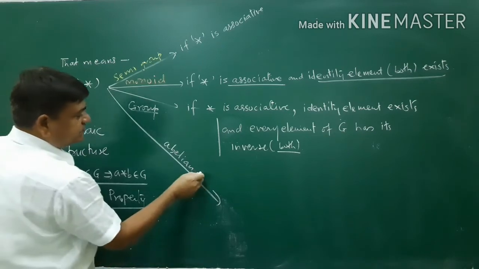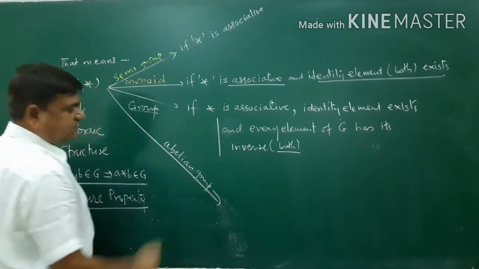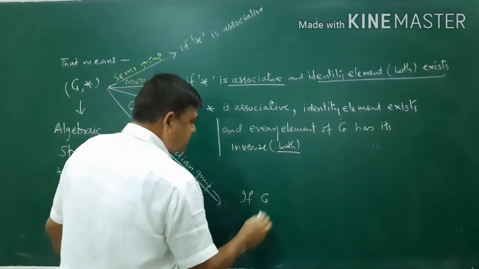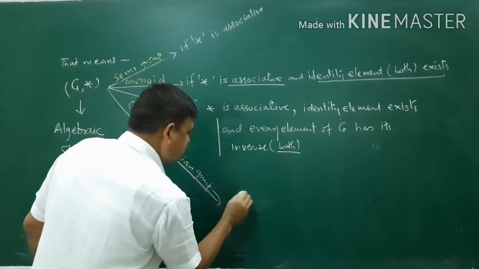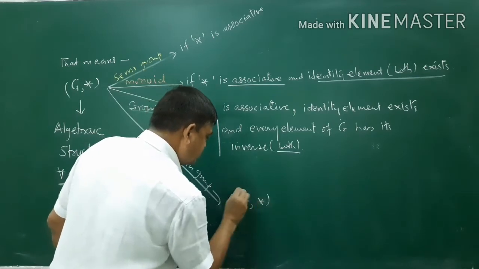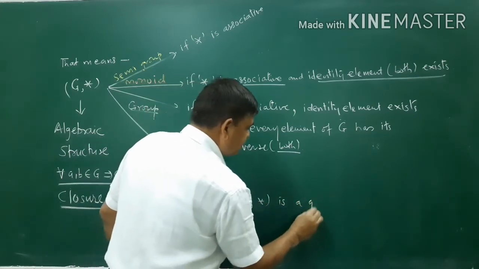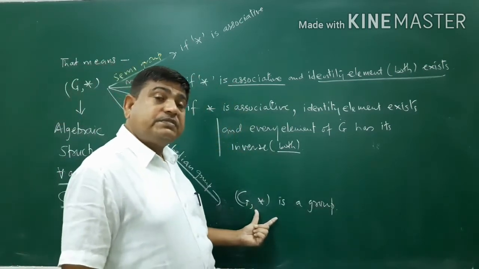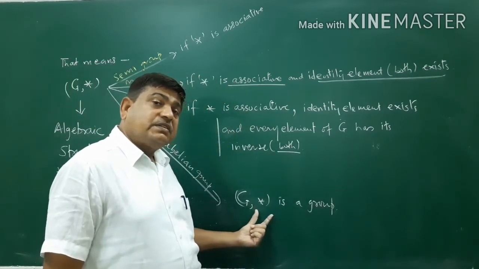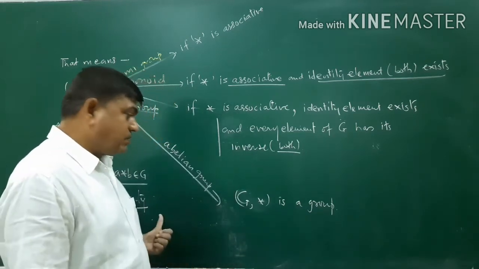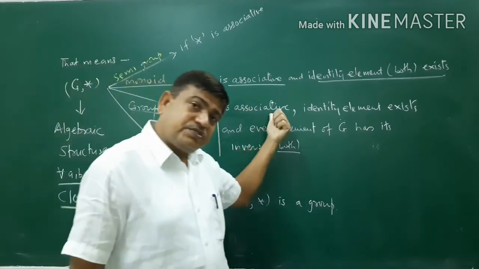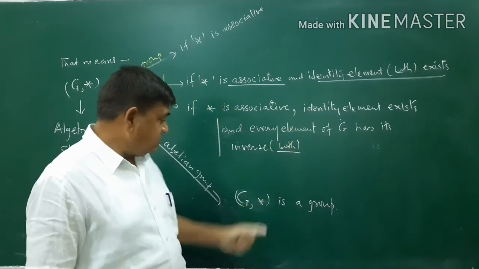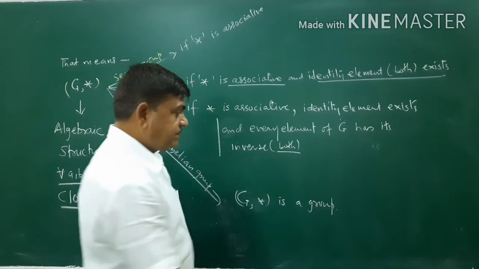Abelian group. G is a group. If G is a group, it means it has four properties: closure, associativity, identity and inverse. So this is a group.